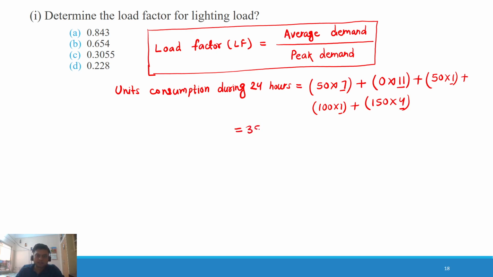So it is 50 into 7 plus 0 plus 50 plus 100 plus 150 into 4, that is 600. So 350 plus 50 is 400, plus 100 is 500, plus 600 is 1100 kilowatt hour. That much amount of unit is consumed by the lighting load during 24 hours. And next we will find the average demand.